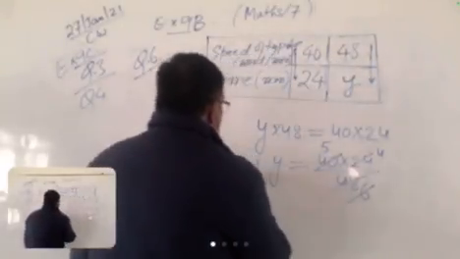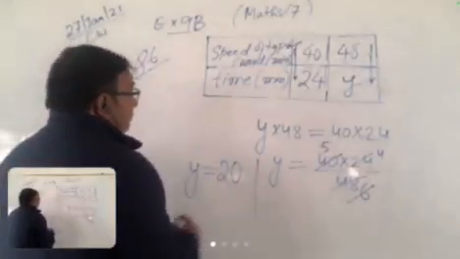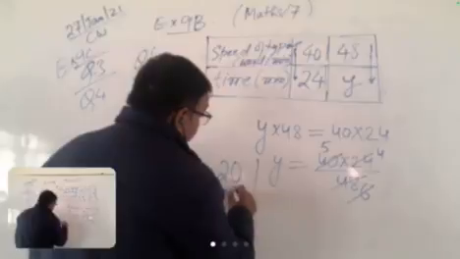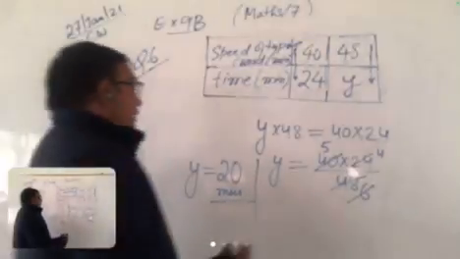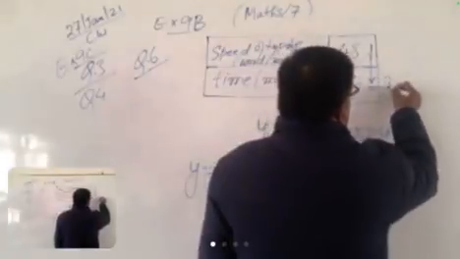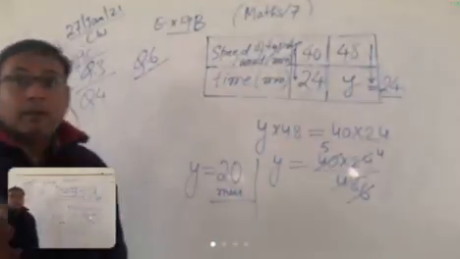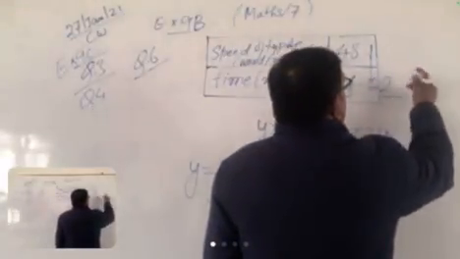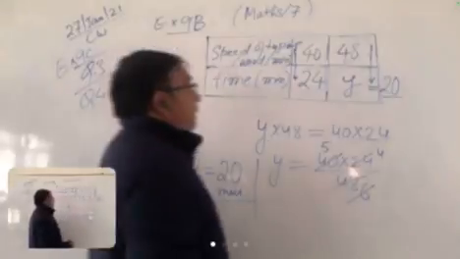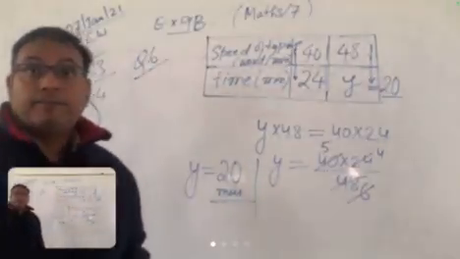So y is equal to 20 minutes. So her friend required 4 minutes less to complete the same work. Oh, sorry, 20 minutes. So now is it clear?